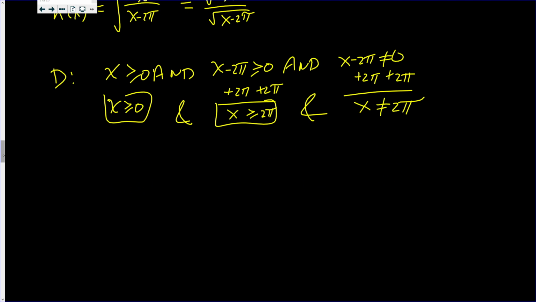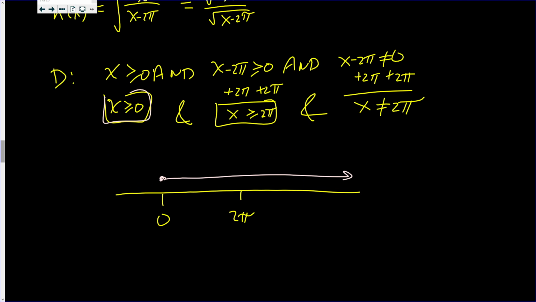Okay, if we were to graph these three, 0 and 2 pi came up. The first one says x must be 0 or above. The next one says it can be 2 pi or above.